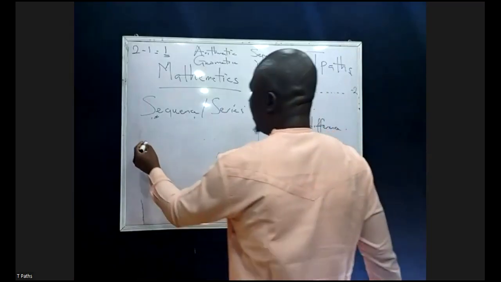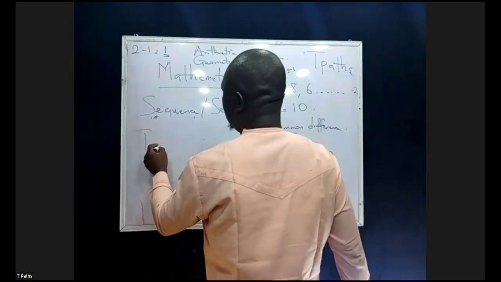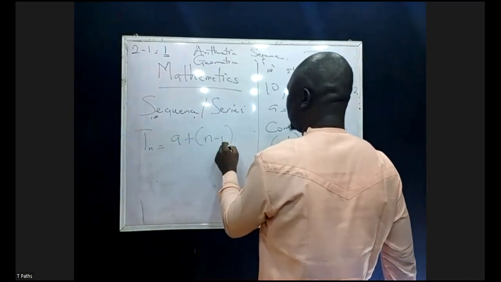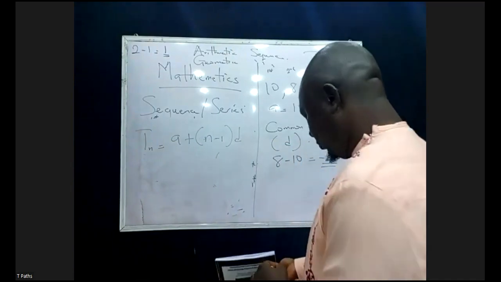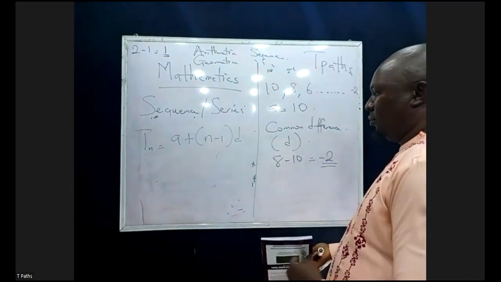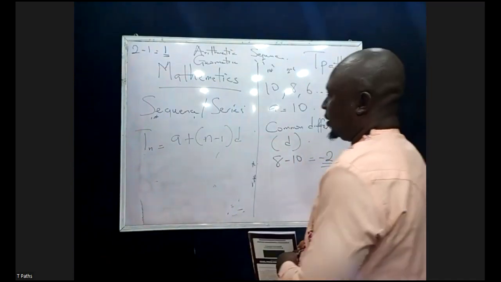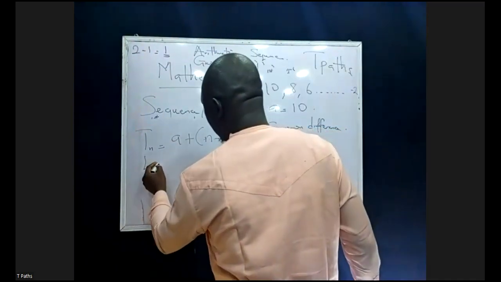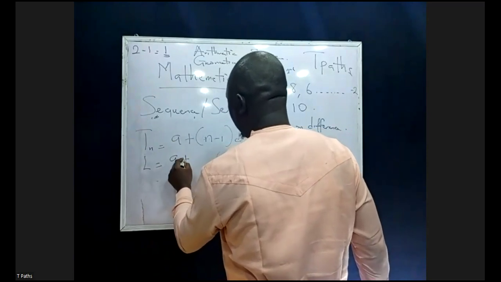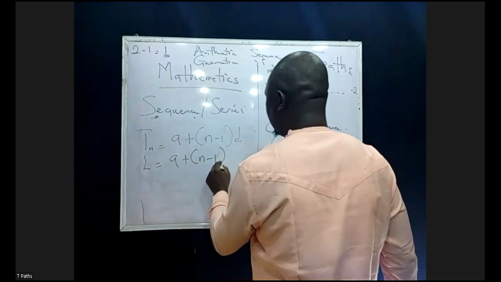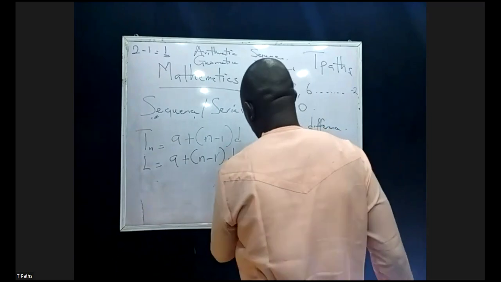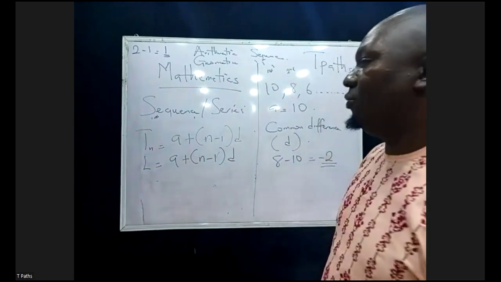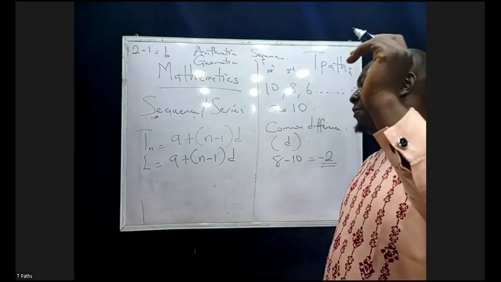For you to have your Tn, you go A plus n minus 1, times D. Please don't forget, this formula is very, very important. For your last term, L, also A plus n minus 1 times D. That is for you to get the last term of a particular sequence.